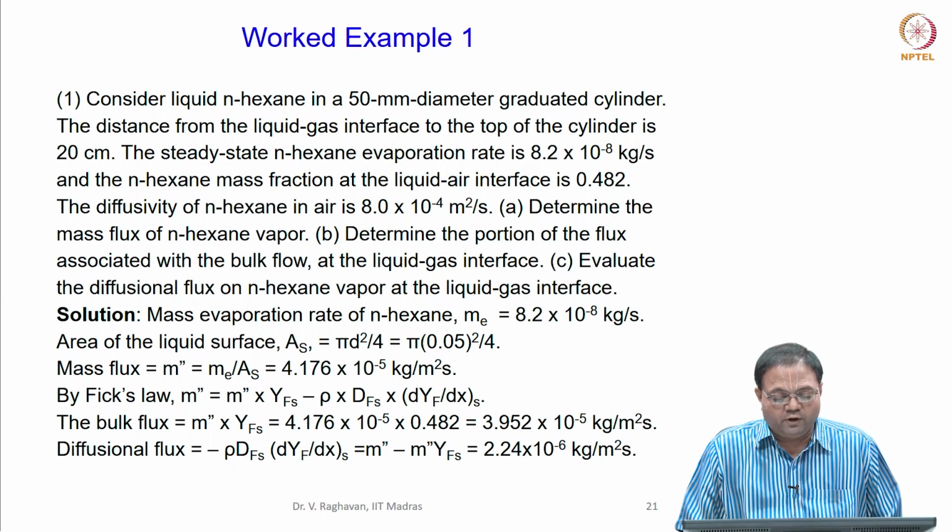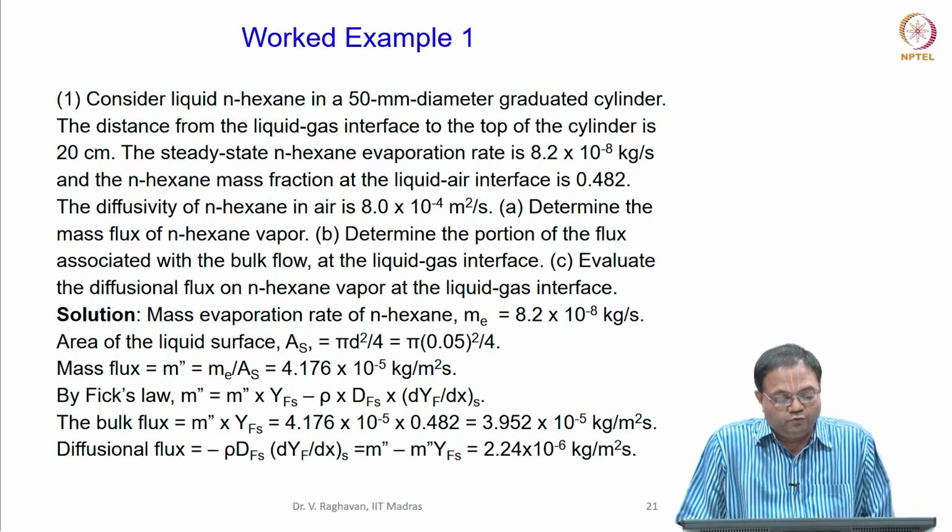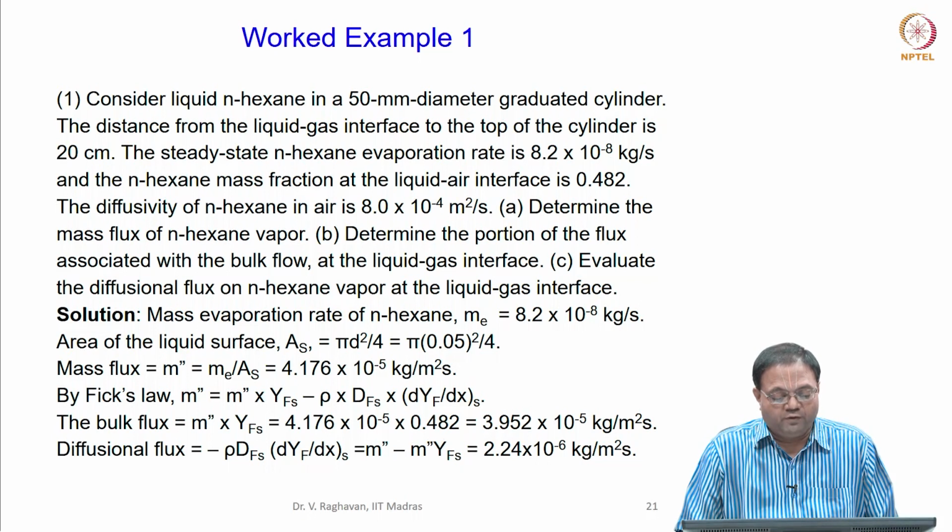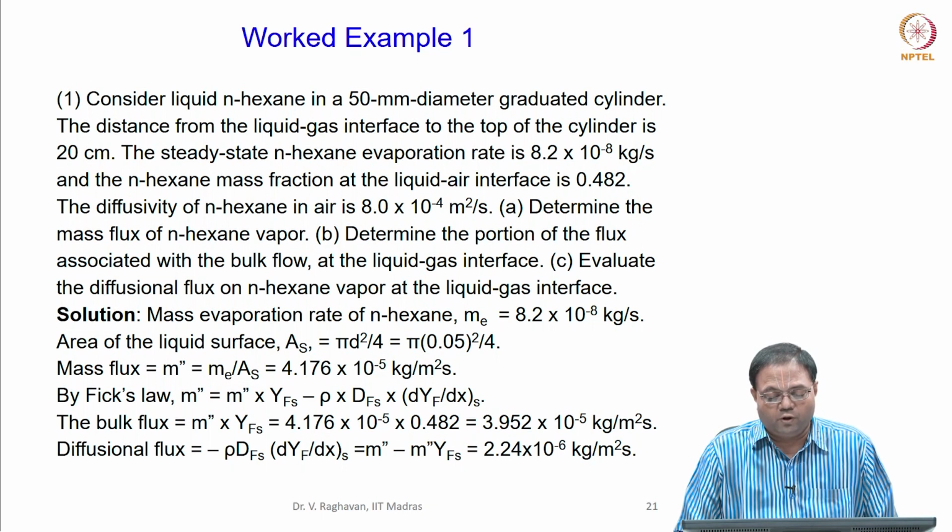The steady state N-hexane evaporation rate is 8.2 into 10 power minus 8 kg per second, and the N-hexane mass fraction at the liquid air interface is 0.482. The binary mass diffusivity of N-hexane in air is 8 into 10 power minus 4 meter square per second.